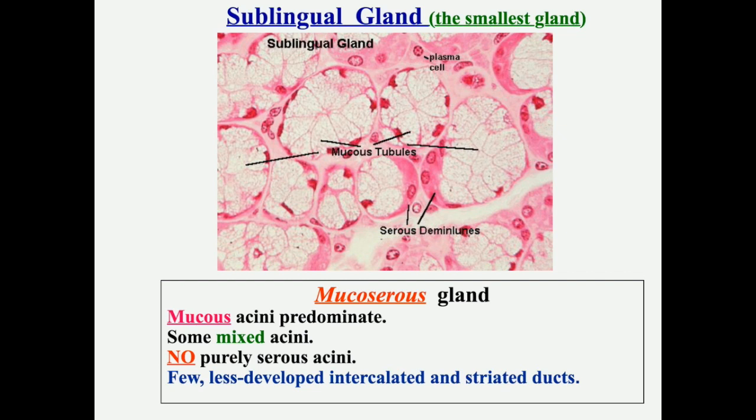So we have mucus and mucoserous. The predominant type is the mucus acini with their typical vacuolated cytoplasm and basal flattened nucleus. Here you should remember that this gland has a thin capsule but thick connective tissue septa.